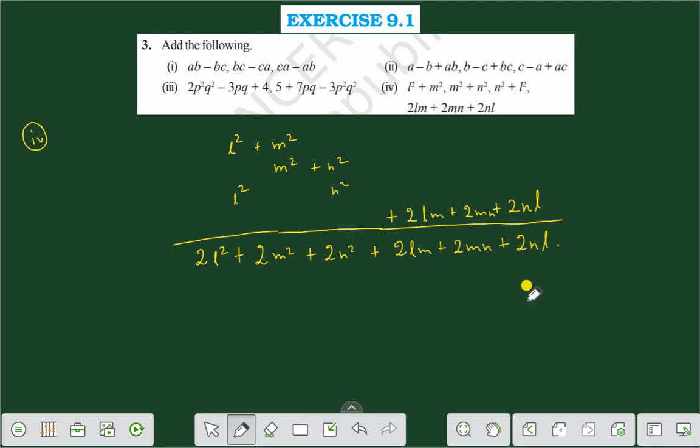Therefore, the answer is 2L square plus 2M square plus 2N square plus 2LM plus 2MN plus 2NL.